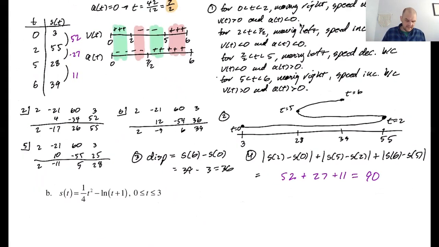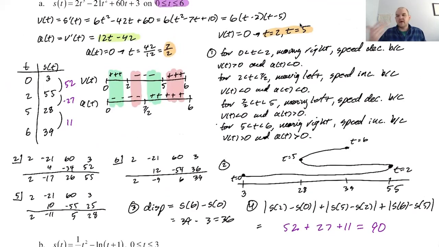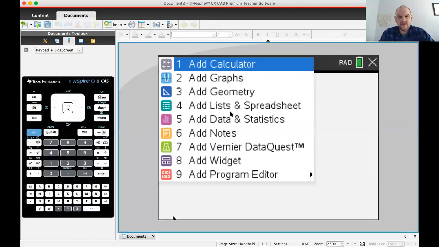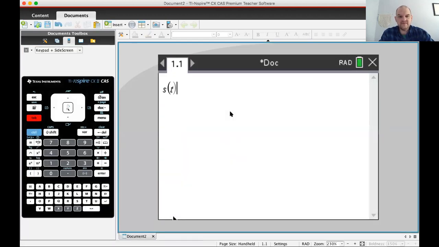All right, I feel like I should check this on the calculator. I'm pretty sure everything is right. The only thing that might be wrong is the actual values that I found, because I went through them kind of quickly. So let's see. I'm going to define s of t, and it's going to be 2t cubed minus 21t squared plus 60t plus 3.